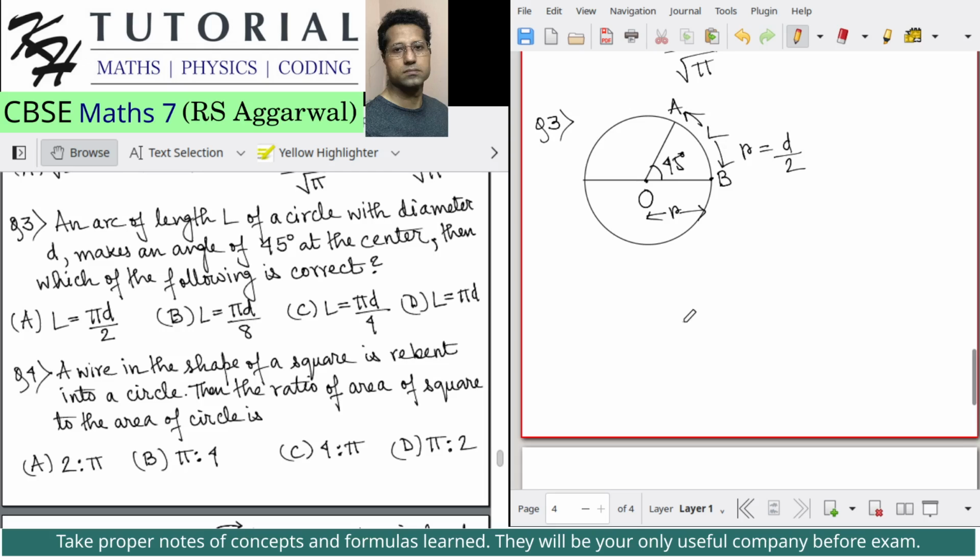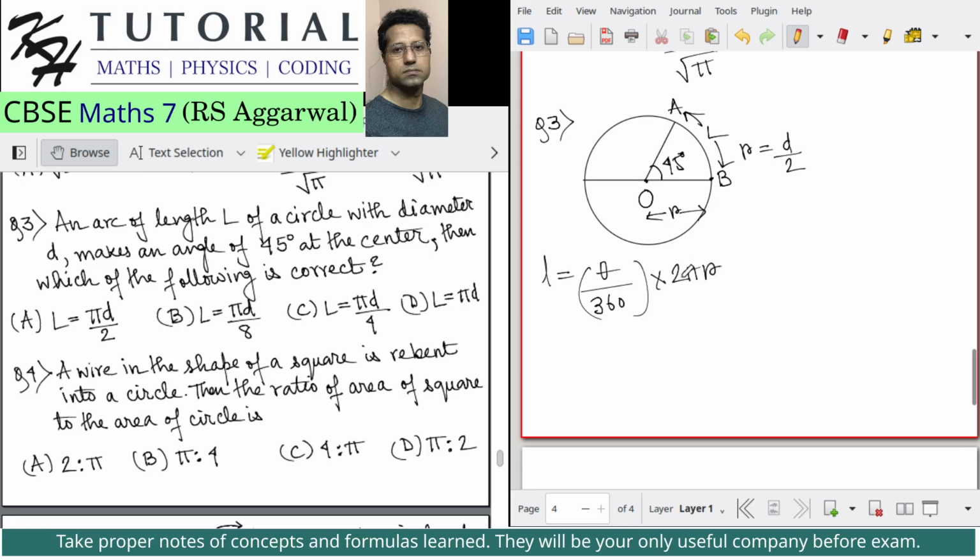So what is the formula that relates the length of the arc, the angle it makes at the center of the circle, and the radius of the circle? We know that L is equal to theta by 360 whole multiplied by 2 pi r.